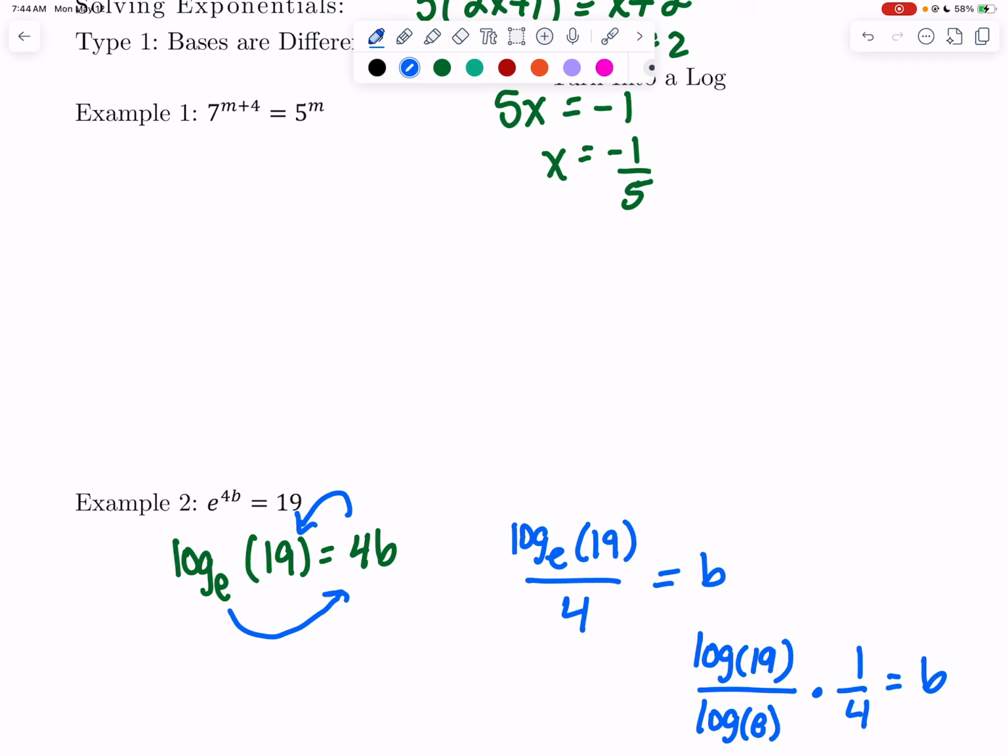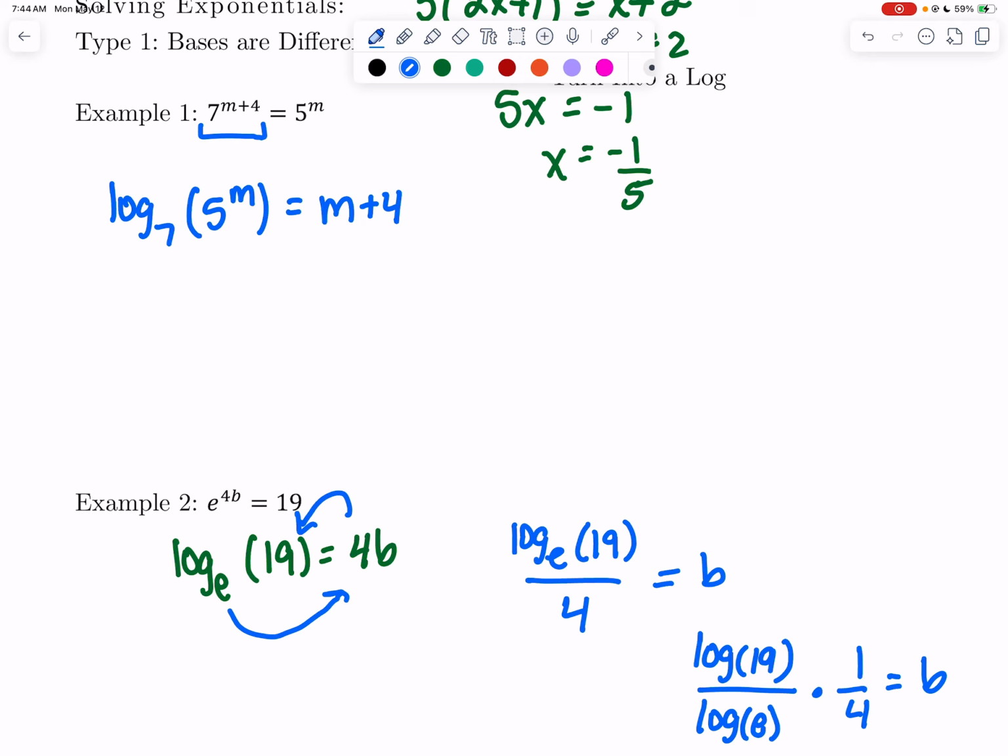Whether you convert 7 to a log or 5 as a log doesn't really matter. But since this one's first, I'm just going to convert this into the log. So that means I'm going to have a base of 7, but then I'm going to have 5 to the m as my argument, and then I'm going to have m plus 4 as my answer.